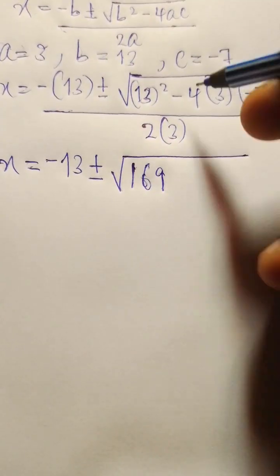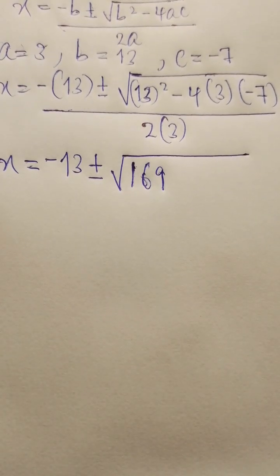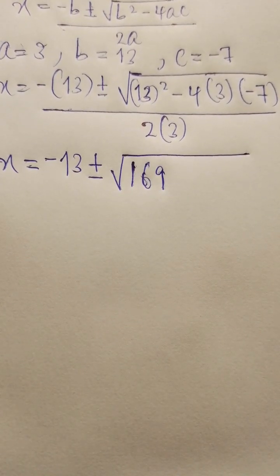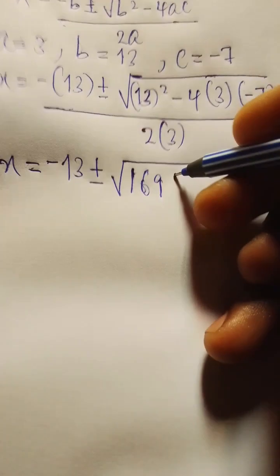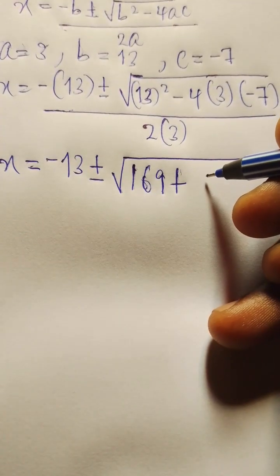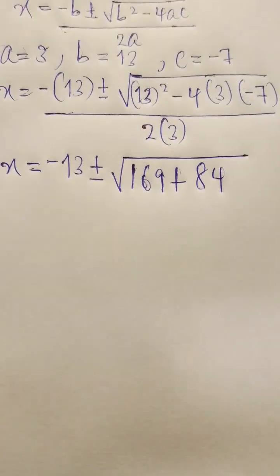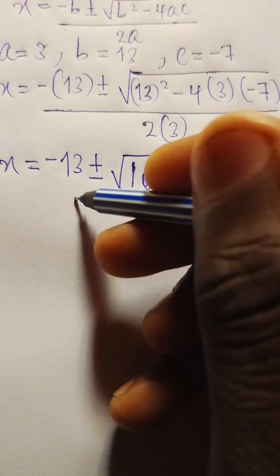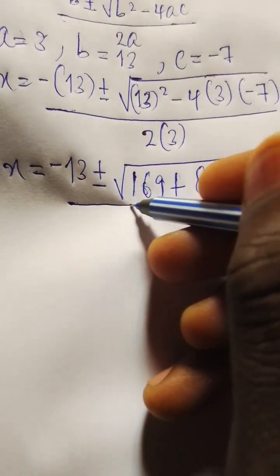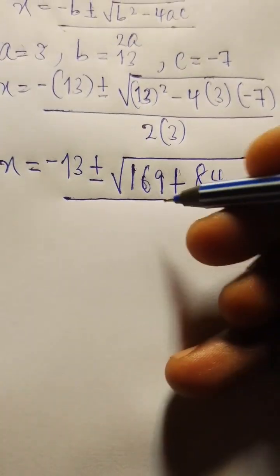Then we'll work out negative 4 multiplied by 3 multiplied by negative 7. So it is giving positive 84. Then this is over 6.